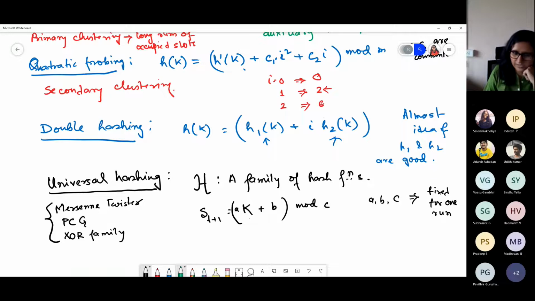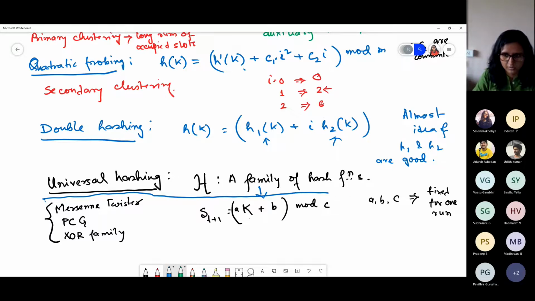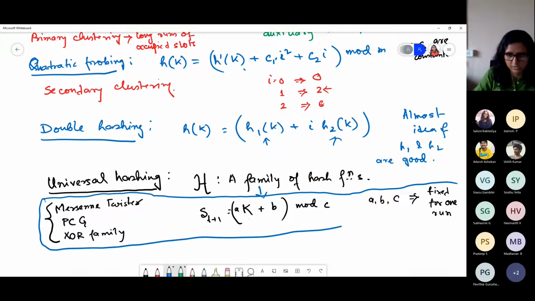That means they follow the same kind of operation, but when you give different values to the constants, you will get different values as output. That is how it is supposed to be. This is called a family, but I'm not going to use this as my universal hash family. Universal hash family has a specific structure that we will discuss later.